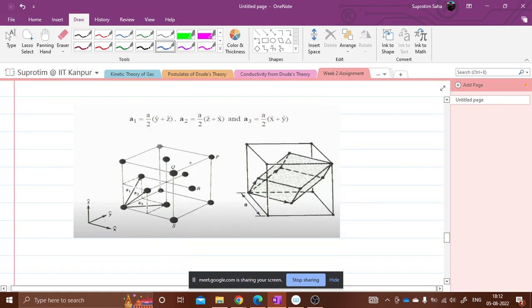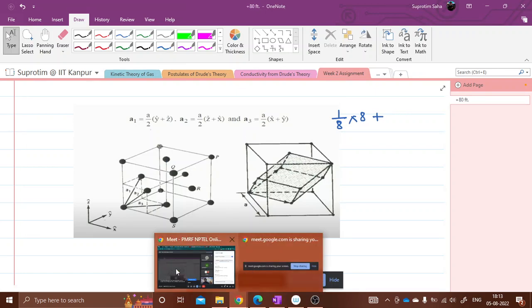So the atoms are sitting at the corners of a simple cube, and the atoms are also sitting at the 6 faces. All right. So considering that 8 atoms are sitting at the corners, 1 by 8 times 8 plus all the 6 faces.